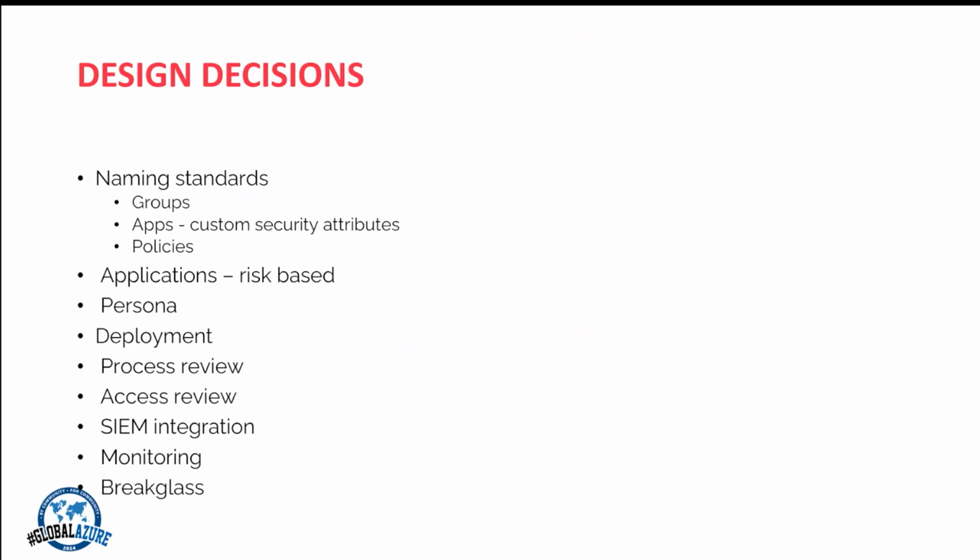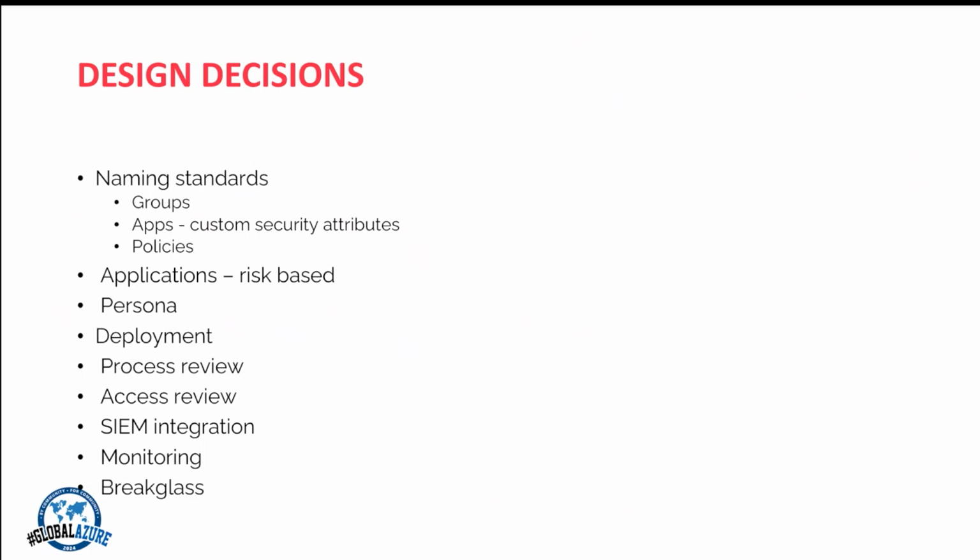Think about the personas for which you want to implement this policy. It could be a persona of a standard user, an administrator, i.e. a privileged user, an external user who is a contractor to your organization, and so on and so forth. Think about how you're going to review access of that conditional access policy, probably on a quarterly basis, annual basis, half yearly basis, those types of things.